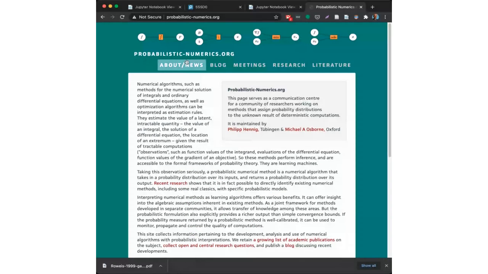When you do numerical computation, you want as an answer not just 5, but 5 plus or minus 0.1. And so it's an effort to make numerical computations more Bayesian.